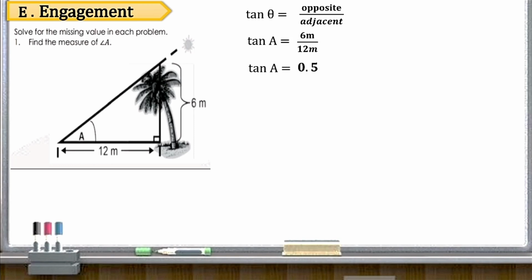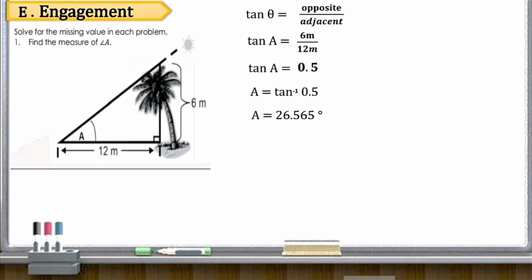Then, tandaan lang class, kapag ang angle ang hinahanap, dito natin gagamitin yung arctan or yung opposite class ng tangent. So, pindutin lang shift, tan, then 0.5, then equal. So, makukuha na natin class yung angle A. So, angle A is equal to 26.565 degree.